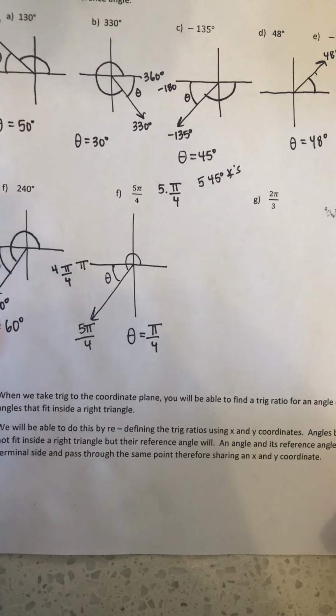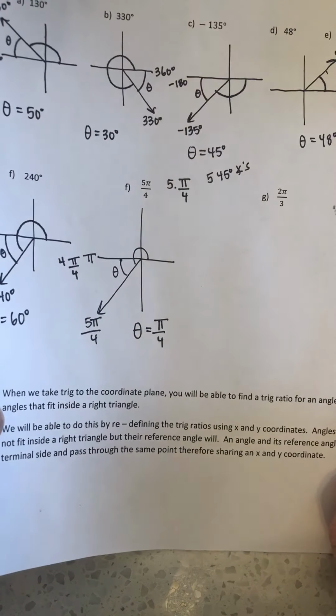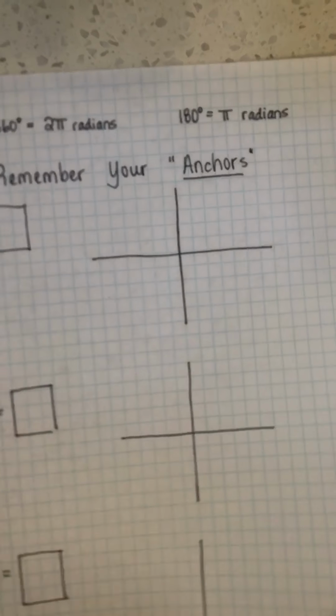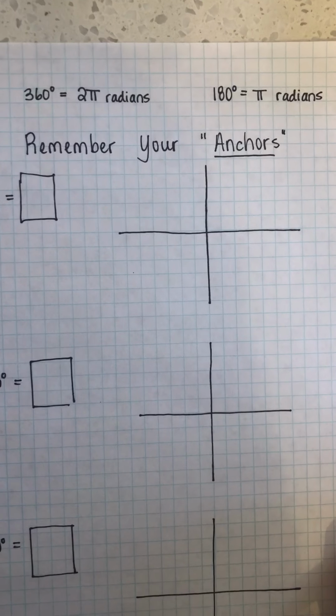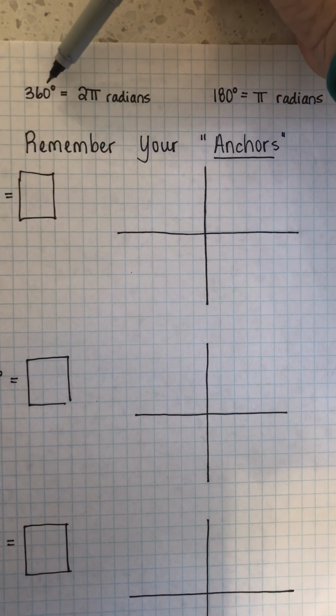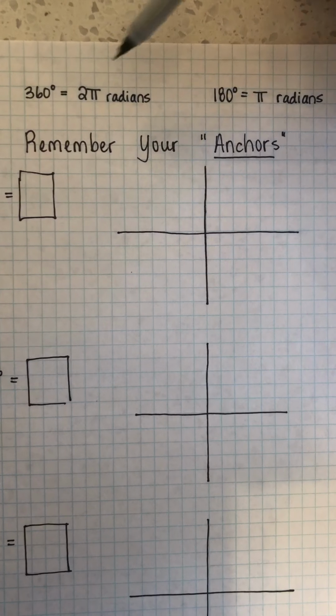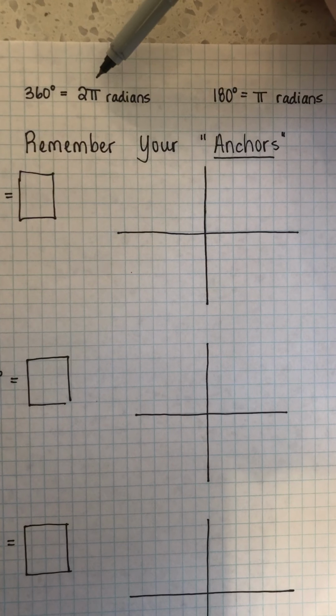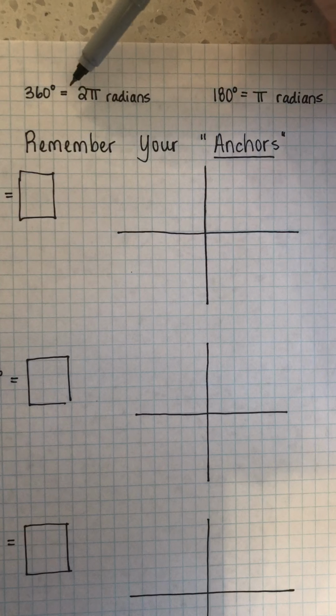So let me just take one side note really quick to show you what I'm talking about with anchors. Okay, so I would like you to remember your anchors. So just remember, all the way around a circle is 360 degrees. All the way around a circle is 2 pi radians. That's our main conversion factor.